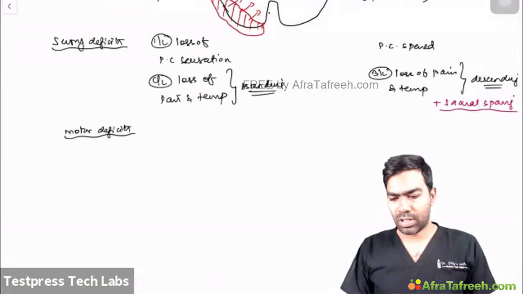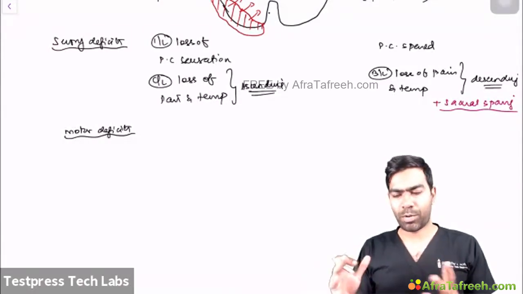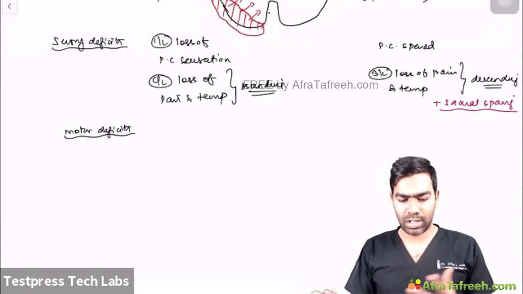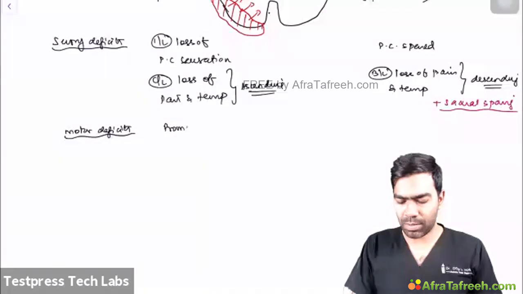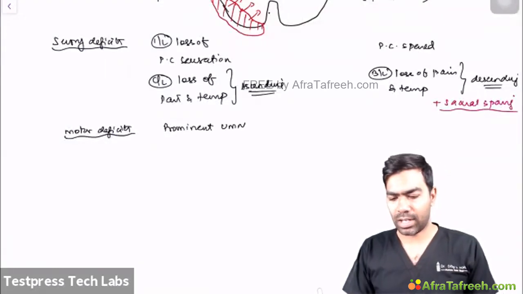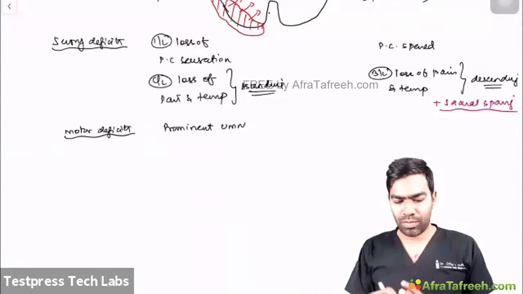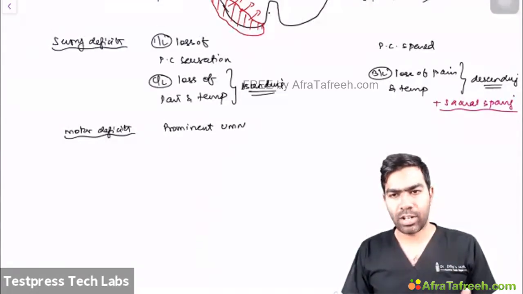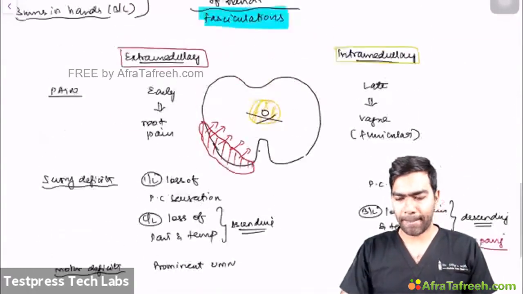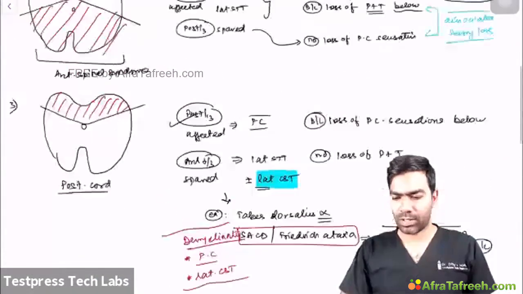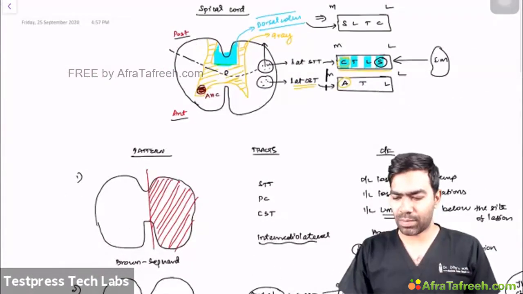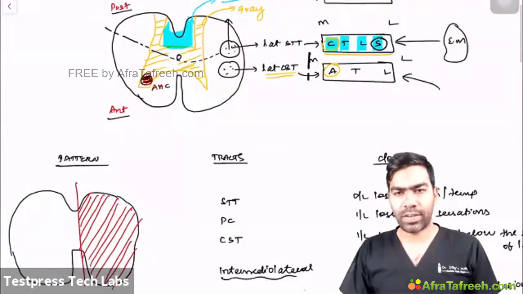we know, probably like a Brown-Sequard, if you think about, there's going to be prominent UMN type of an involvement. Prominent UMN. And more often, the legs will be affected early, or your arms will be affected early. Which will be affected early? In a Brown-Sequard, or when you are compressing from the side, which will be affected early?